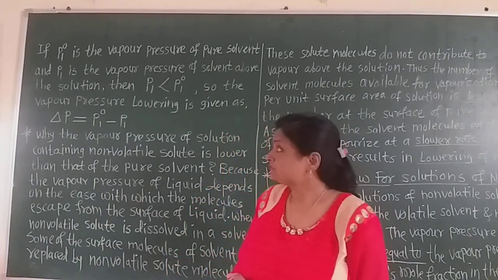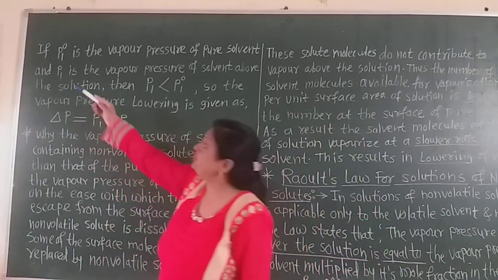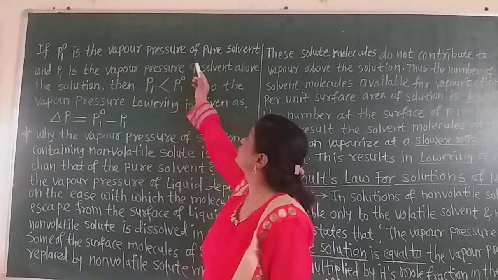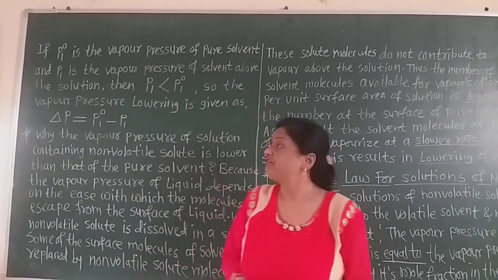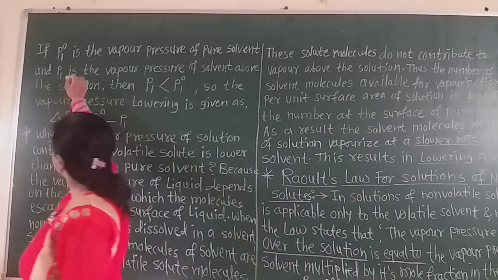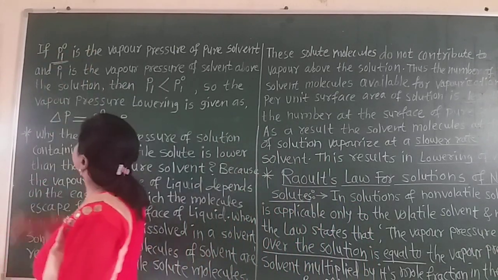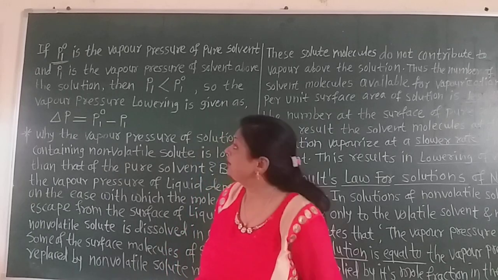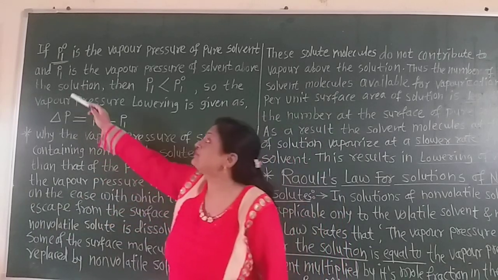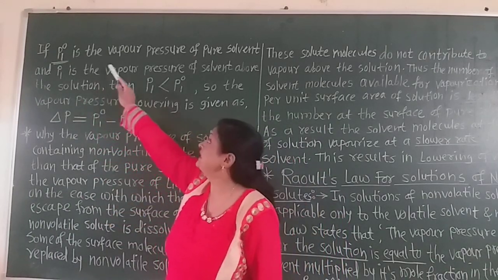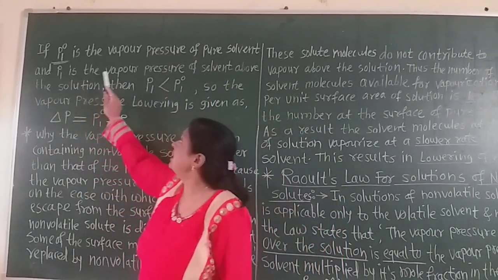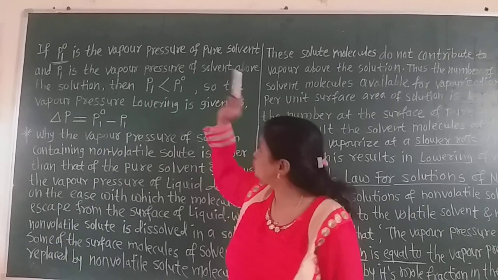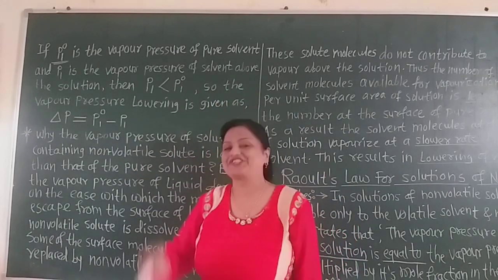Now see, P01 is the vapor pressure of the pure solvent, and P1 is the vapor pressure of the solvent above the solution.